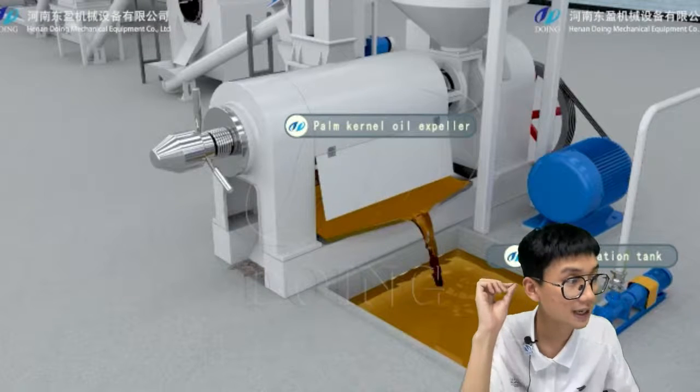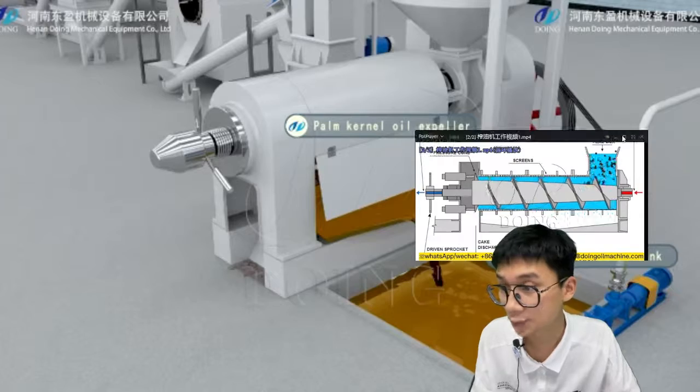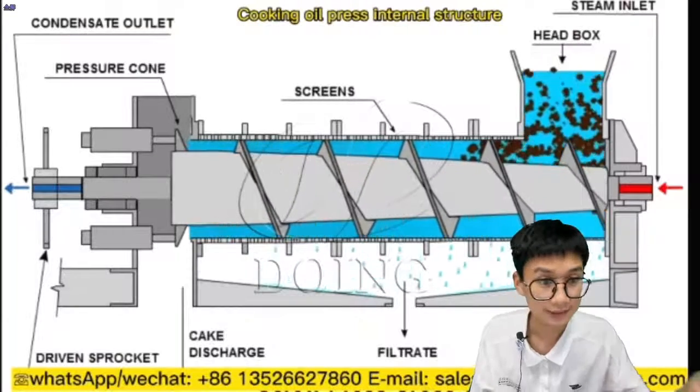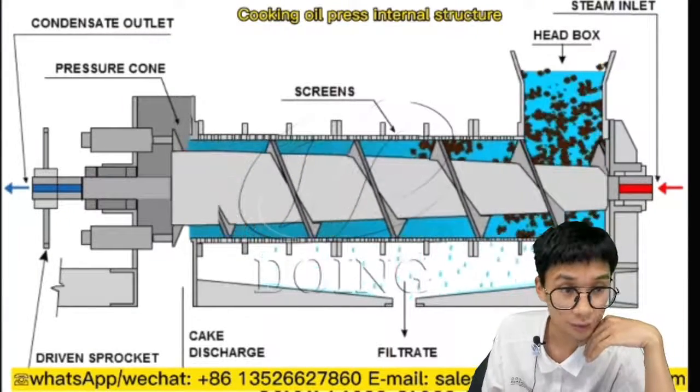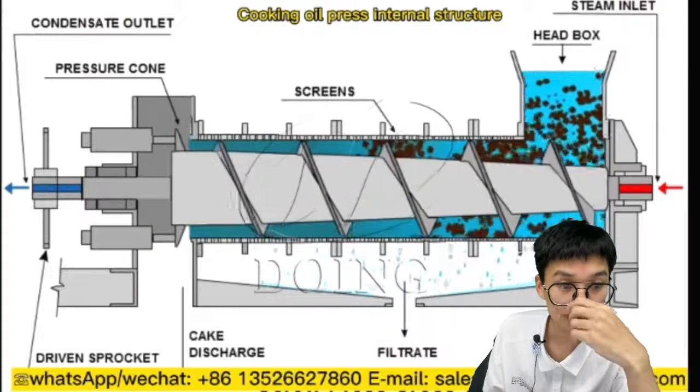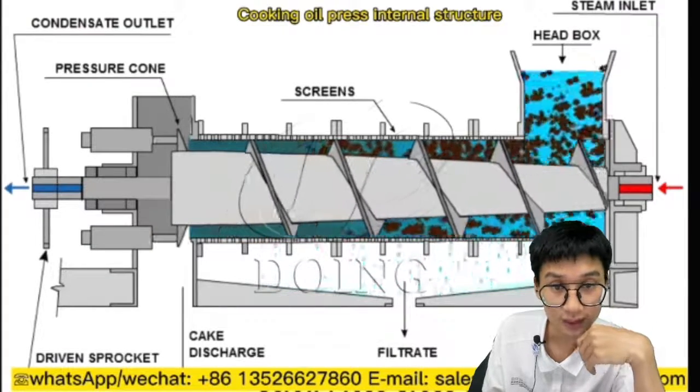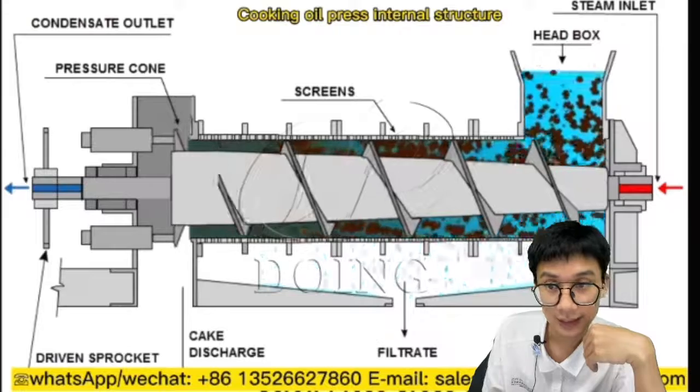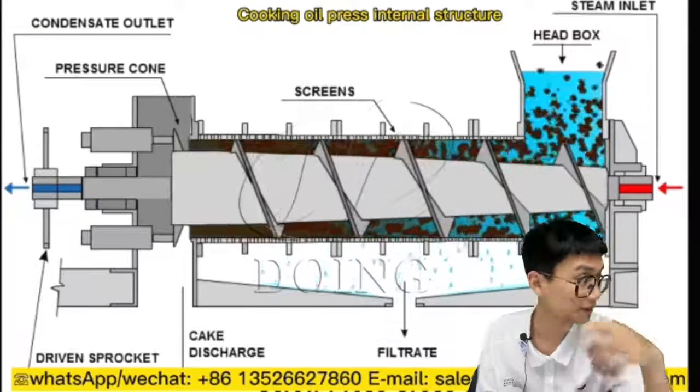This is how our presser works. At the bottom, this is the outlet for the crude oils, and there are so many screens. You guys can basically check over here.